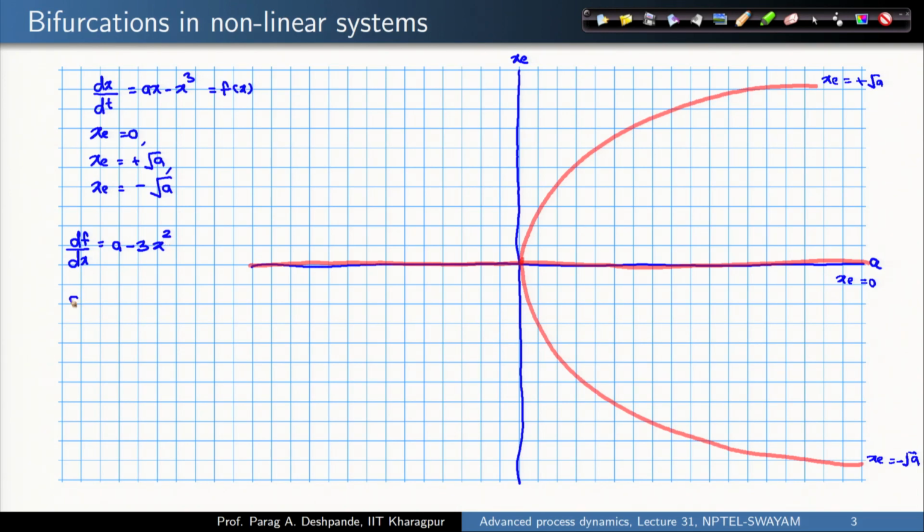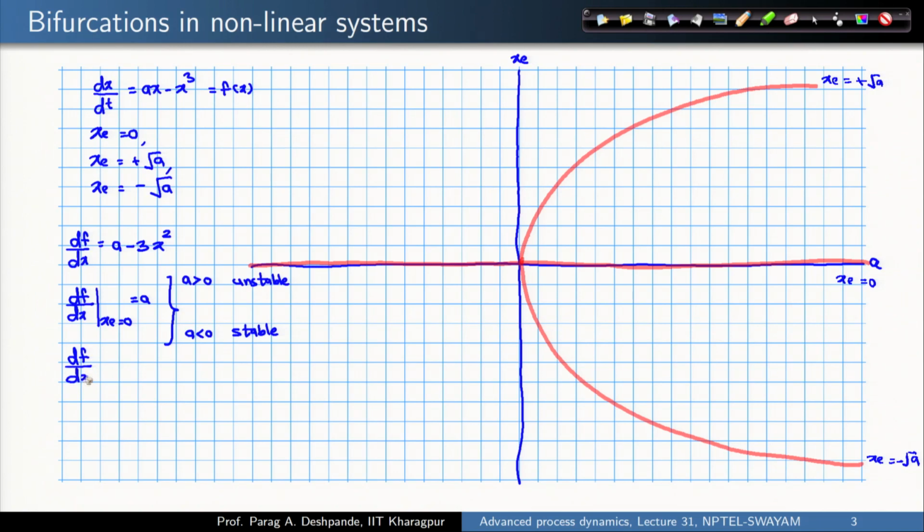So, therefore, df by dx at x equilibrium is equal to 0 is a very similar situation which we encountered before. So, for a greater than 0, I have unstable part, a less than 0, I have stable part.